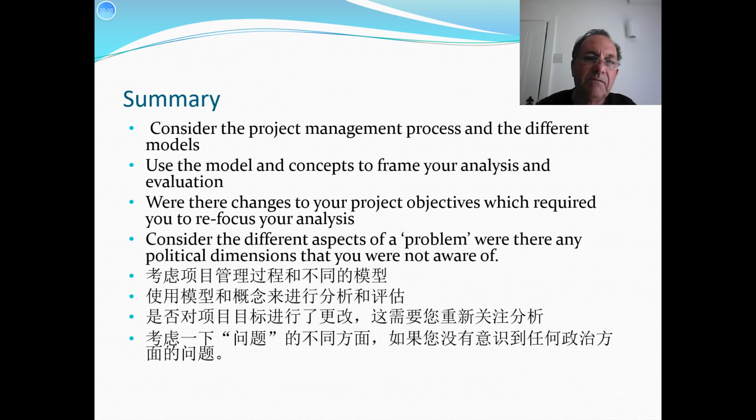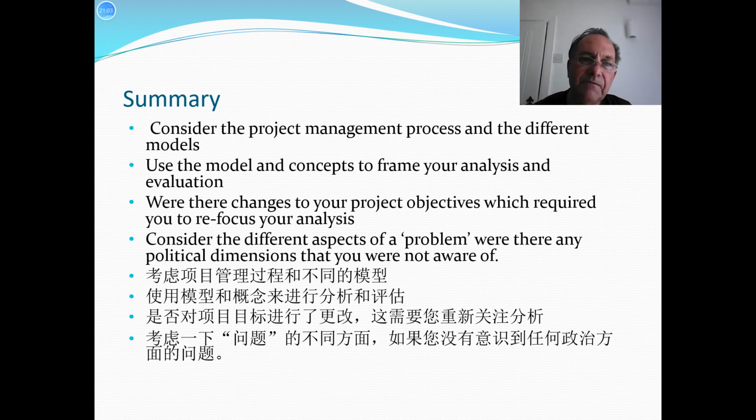Just to summarise what this session has been about, this chapter really needs to consider the project management process and the different challenges that you faced in delivering part, if not all, of the project. If you're unable to deliver any of the project, then look at how you can discuss this. I've given guidance on this within the module guide.